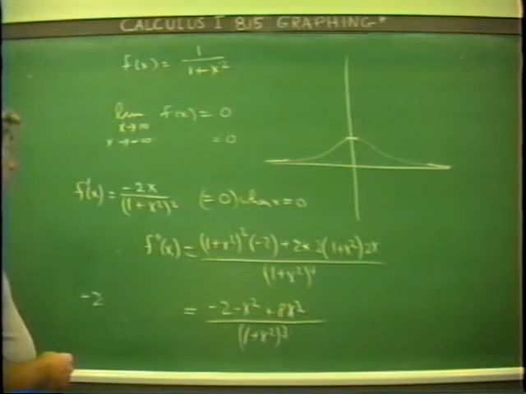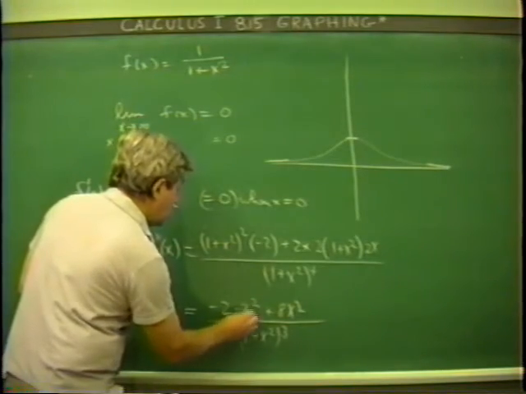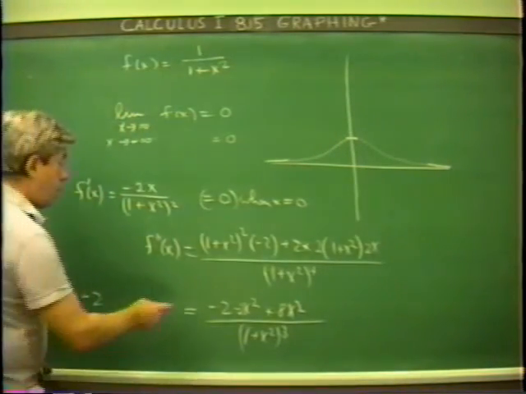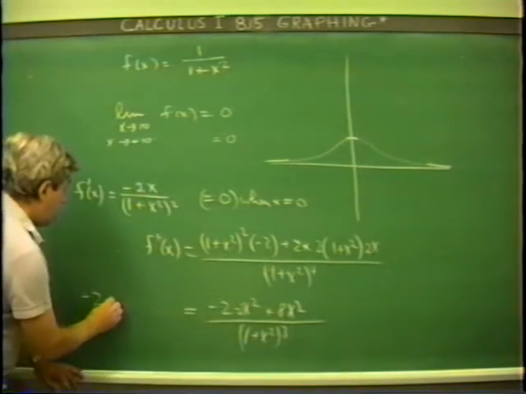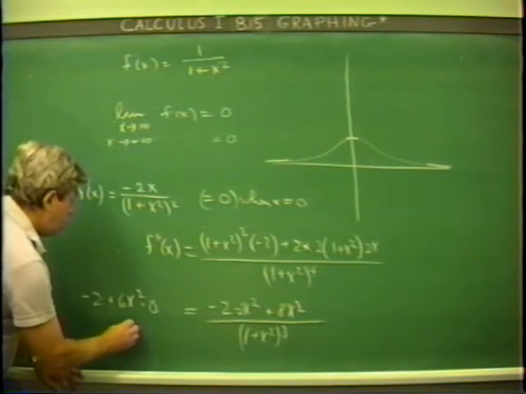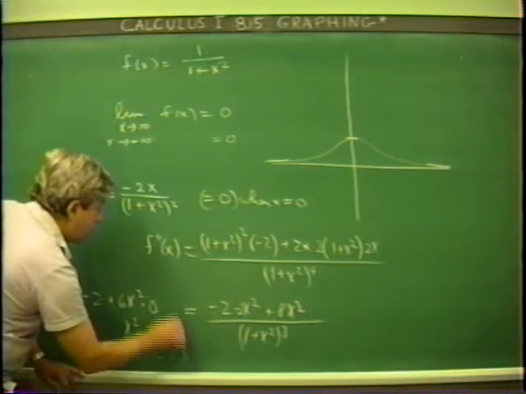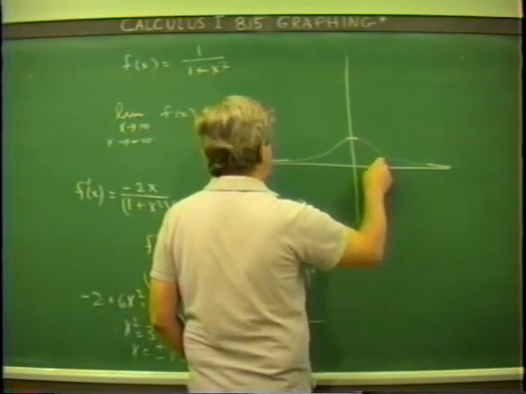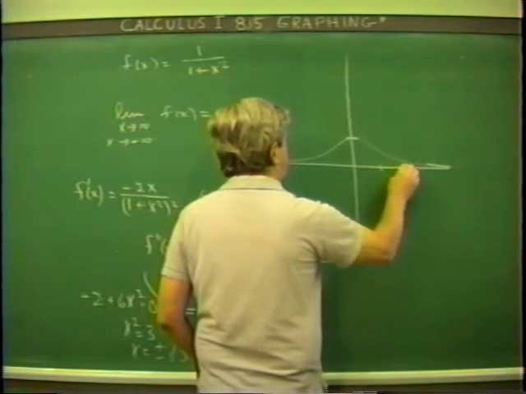And so when is this equal to 0? Well, when the numerator is, and that's to say when minus 2 times minus 2x squared plus 8x squared. So when minus 2, we end up with 6x squared, so when 6x squared is 2, that is, x squared is equal to 3, or x is equal to plus or minus the square root of 3, is when this is 0.